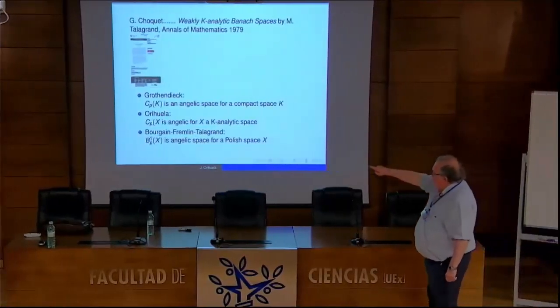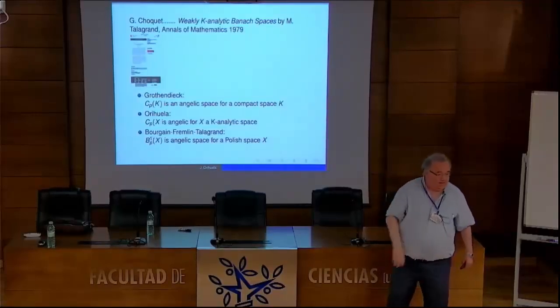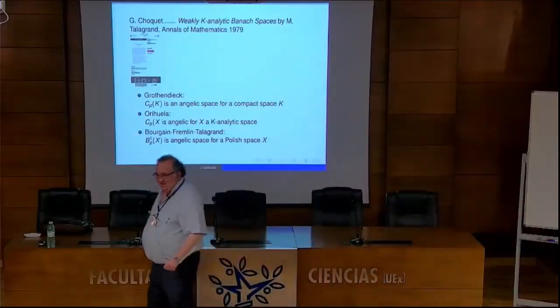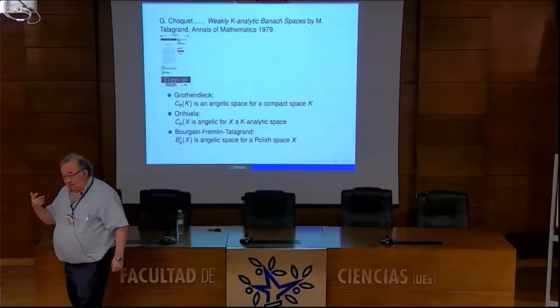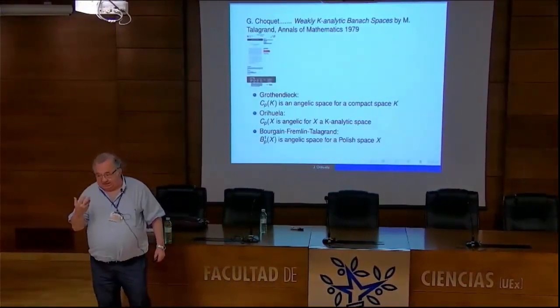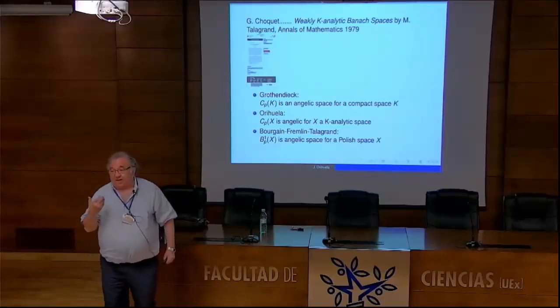And it is related with Bourgain-Fremlin-Talagrand, another three, who are great mathematicians: the space of functions of the first Baire class on a Polish space is an angelic space too.